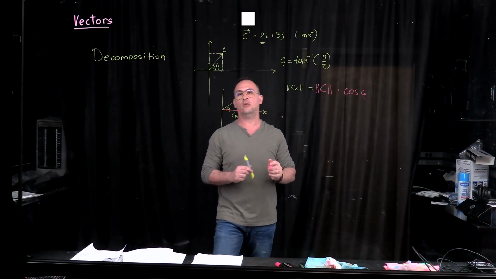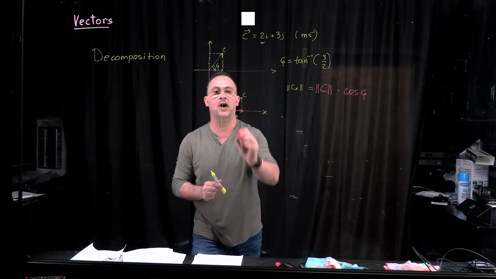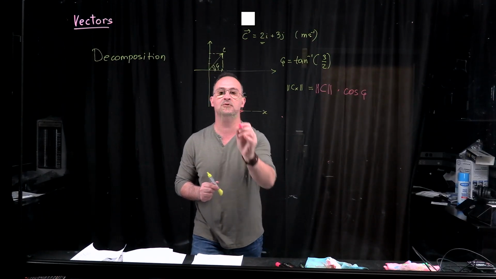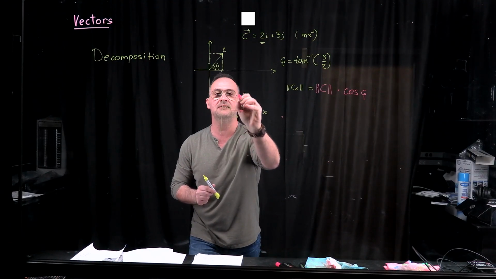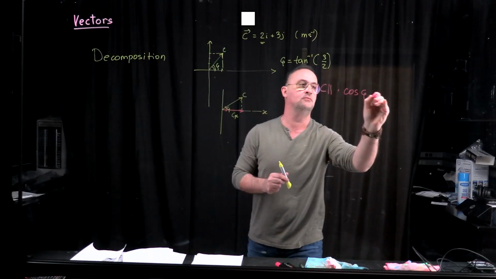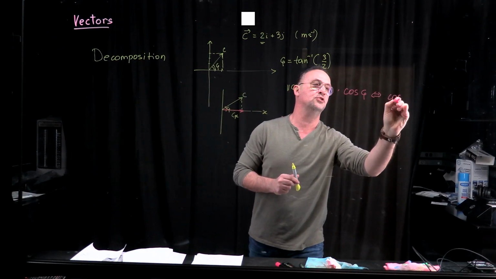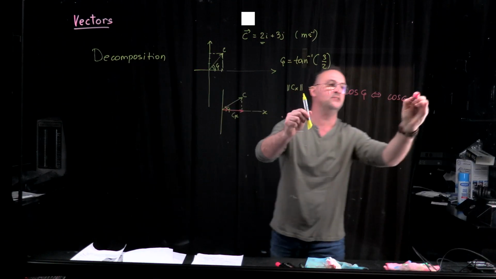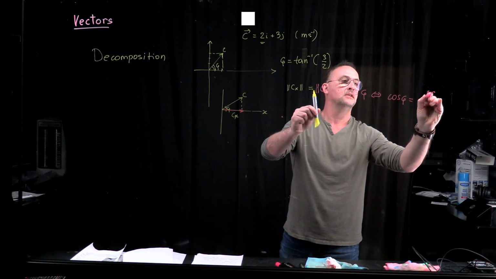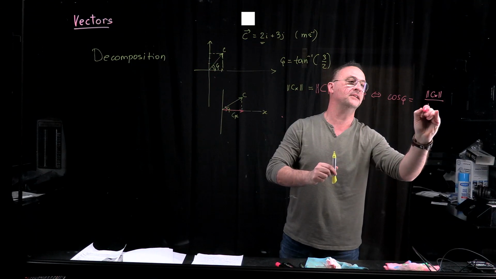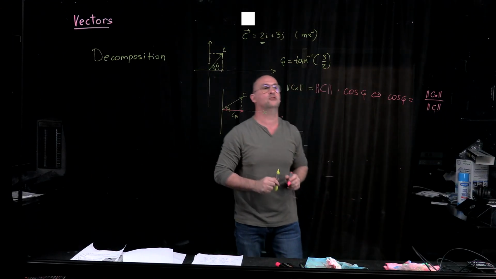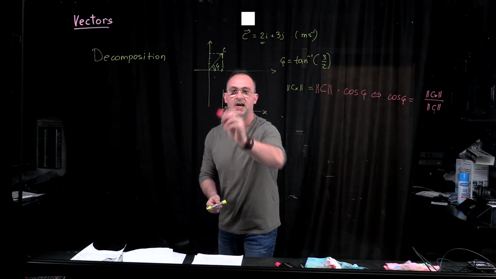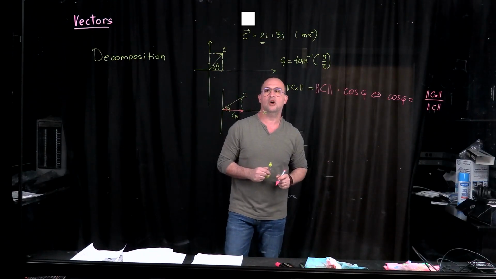Well, let's see why. Cosine of this angle is defined as C sub x divided by the hypotenuse, which is exactly this. The cosine phi is defined as C sub x divided by the magnitude of my vector. Look at this. That is precisely the very definition of cosine.